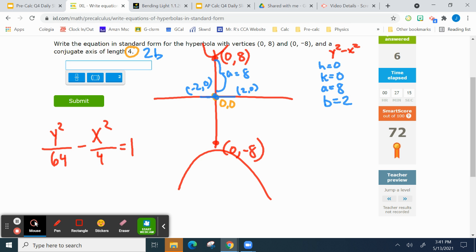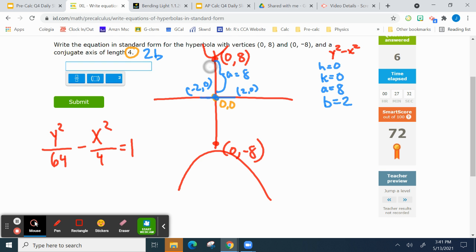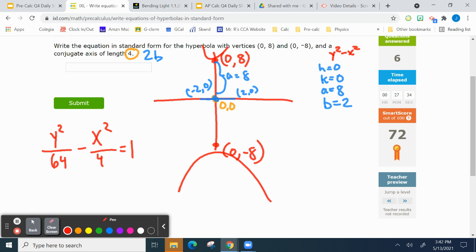We didn't even need to use the Pythagorean theorem, but if you get a focus, here's the reminder again: the distance from the center to the focus is c, but that distance from the center to the focus is also the distance from the vertex to the end of the conjugate axis.